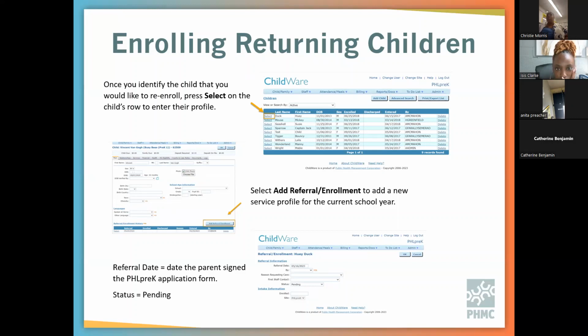So if they received summer program services prior to starting in September, you'll want to close out that service profile by discharging them and then starting a new enrollment service profile for the child so that you can add the ChildWare subsidy to the child's record.